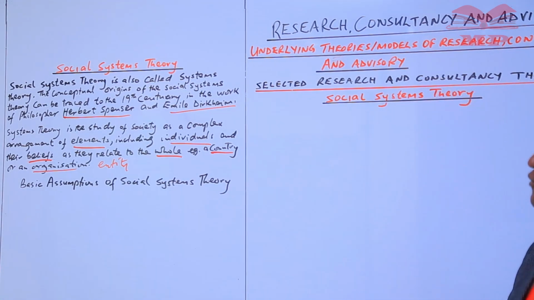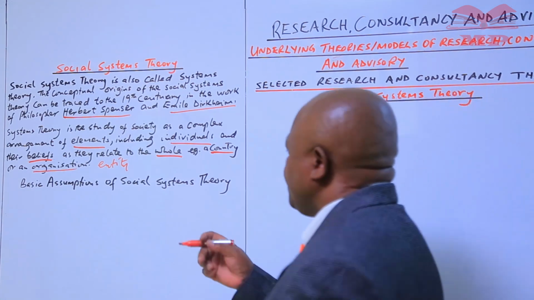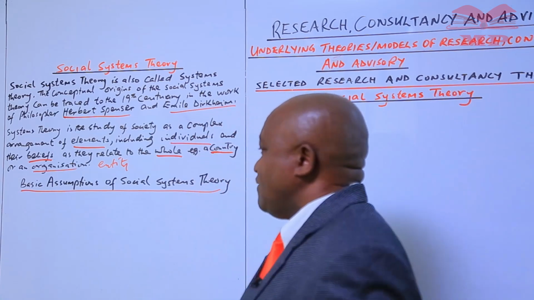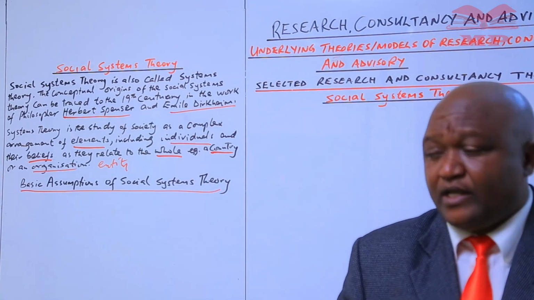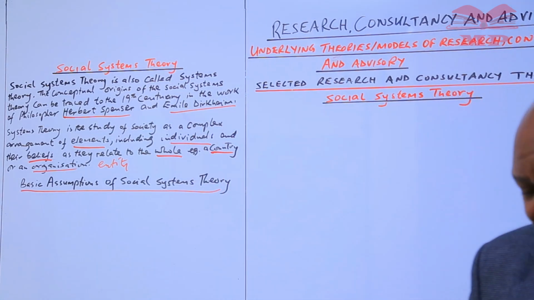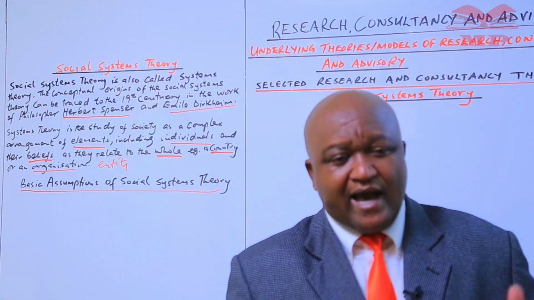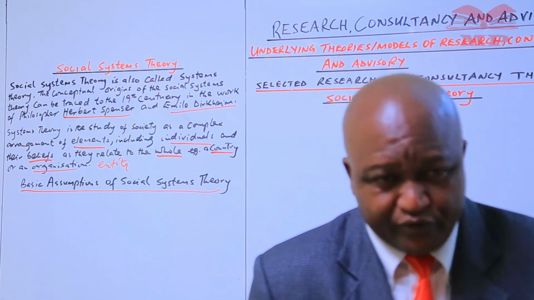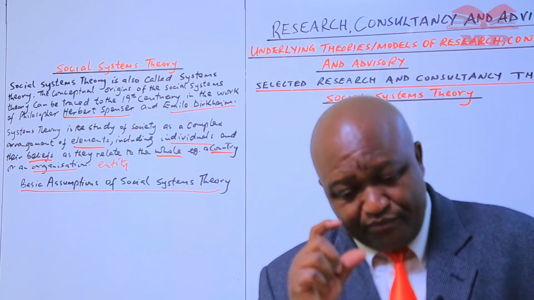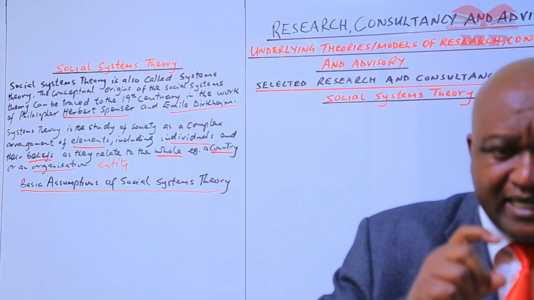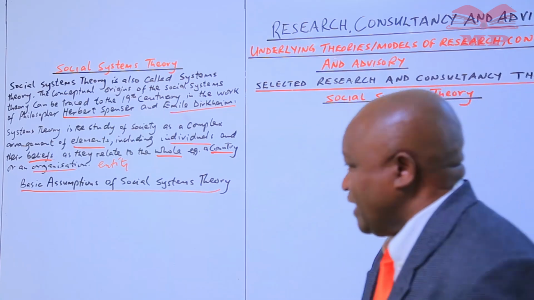In the social systems theory, we are going to look at the basic assumptions. There are four assumptions that underpin this theory. The first basic assumption is that there is an underlying general order in the world.